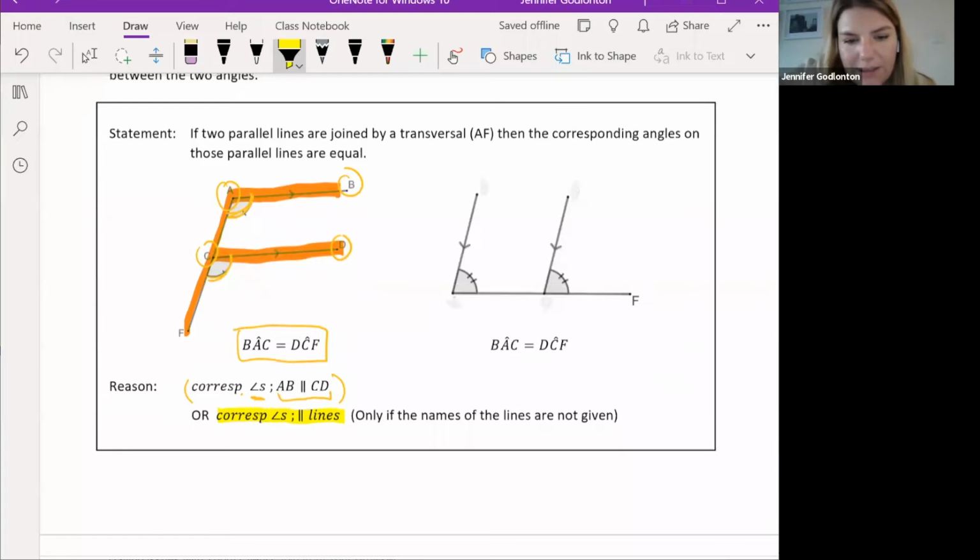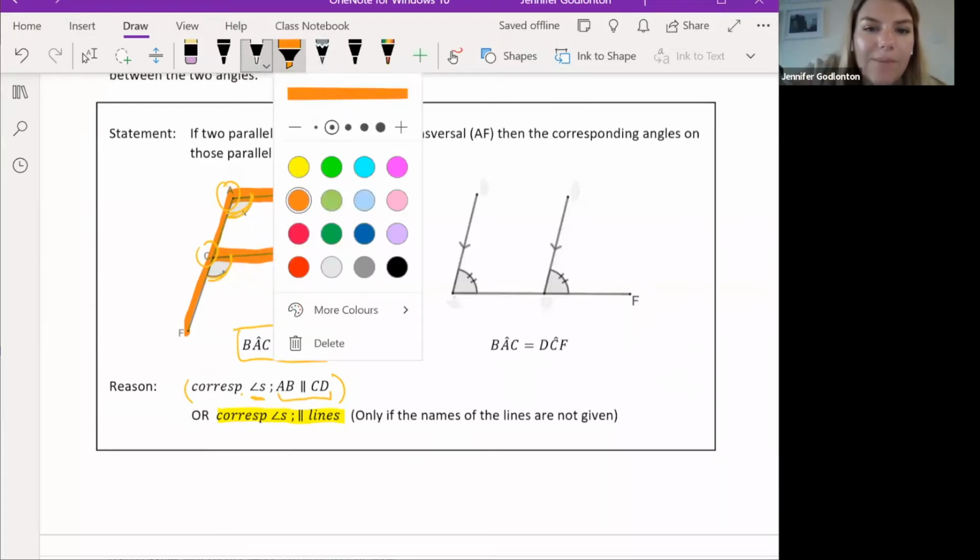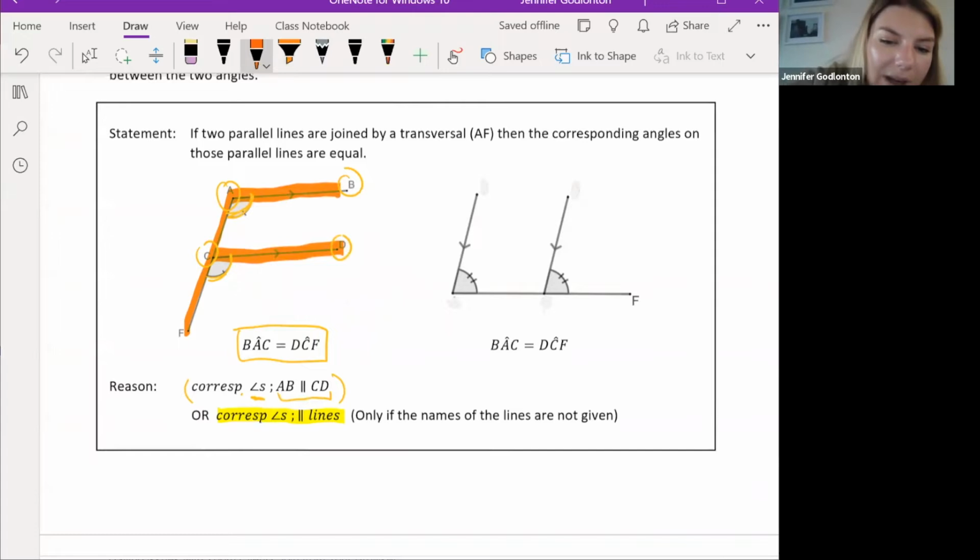We'll just say there's parallel lines. Okay. Some of your teachers will also teach you to write this rule by saying corresponding angles are equal. It's totally up to you. If your school wants you to write it that way, please write it that way. I sometimes put it in because I think it helps you make a difference in your mind between co-interior angles and corresponding angles. It's up to you. Okay.